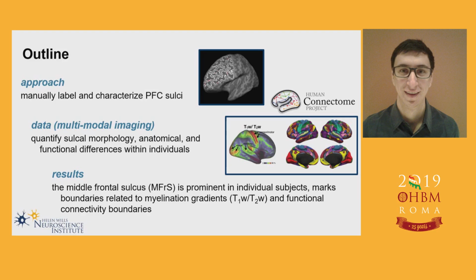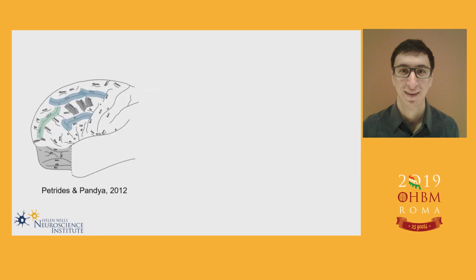So how did we go about manually characterizing these sulci in the prefrontal cortex? We started with the most recent and comprehensive atlas, or schematic, of sulci in the human frontal lobe, and this is from Petrides and Pandya. We used this template as a way to guide our manual labeling of sulci within individual hemispheres.